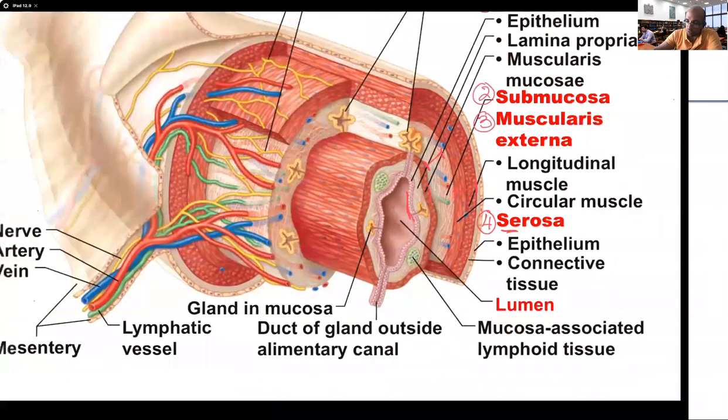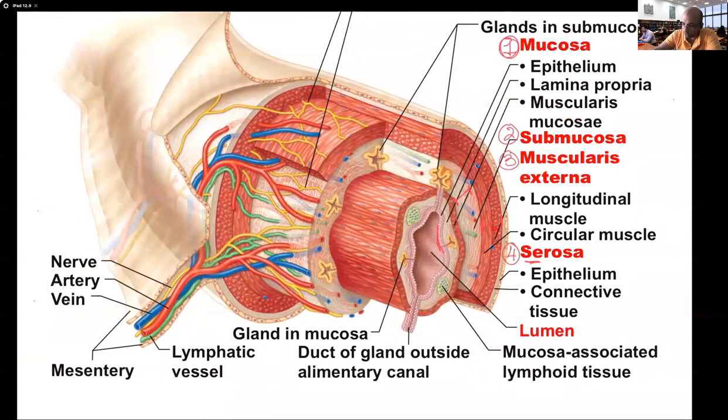The general rule of the arrangement of those muscle layers is that the circular muscle layer is located to the inside, and the longitudinal muscle layer, as you see on here, is going to be on the outside. So you've got an internal circular muscle layer and an external longitudinal muscle layer. This is going to be in most of the organs of the gastrointestinal tract. We're going to see a few exceptions to this general rule.